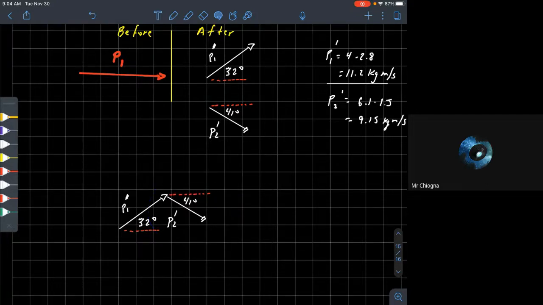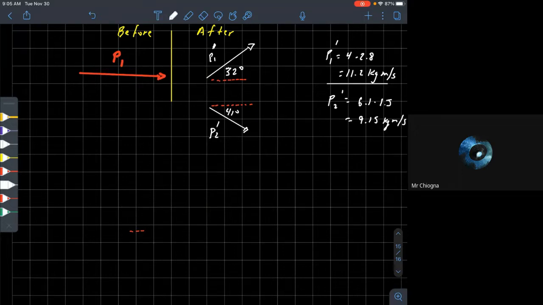To make this actually work out, I'm going to redraw it so it looks a little bit more like what it should look like.